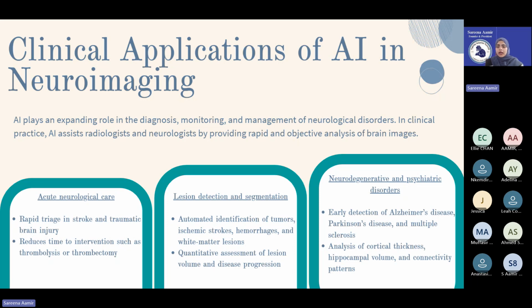AI can also be used for analysis of cortical thickness, so that's the thickness in the brain, and hippocampal volume and connectivity patterns. So that just means neuron connectivity patterns.